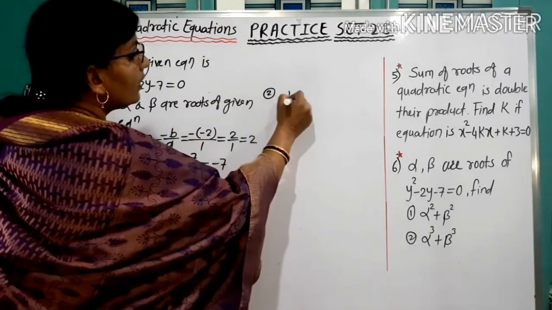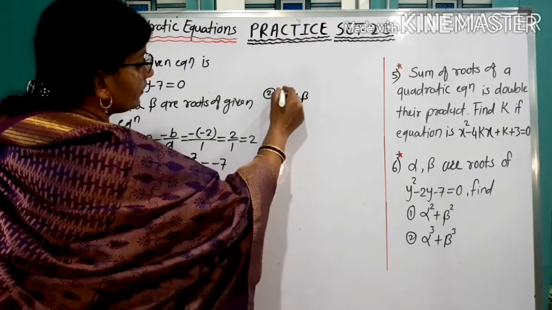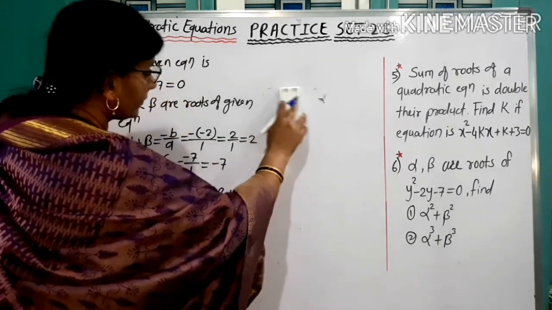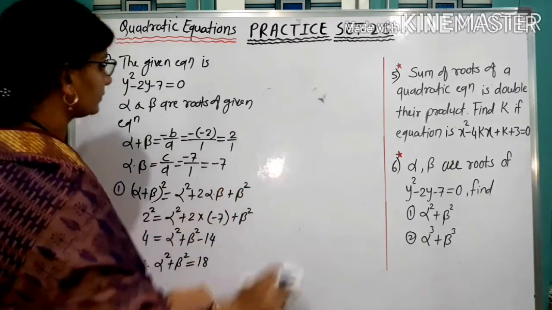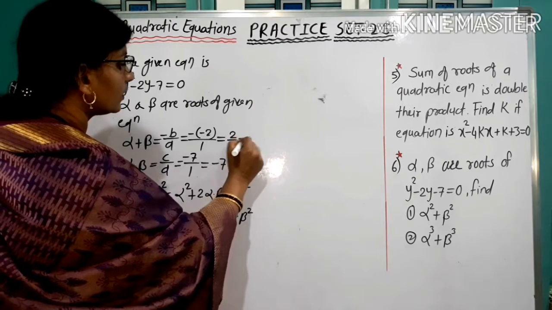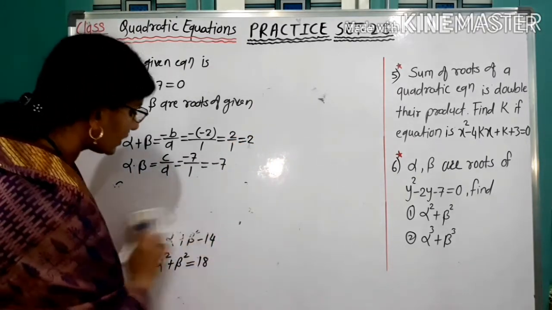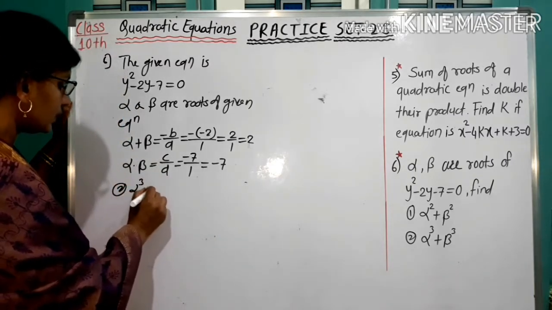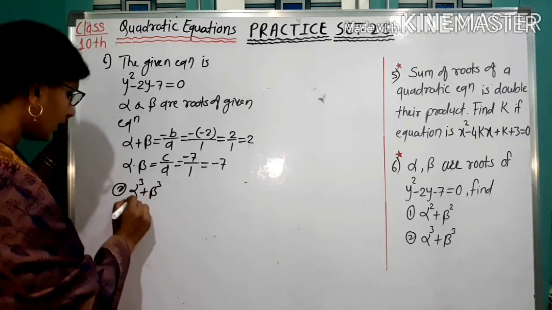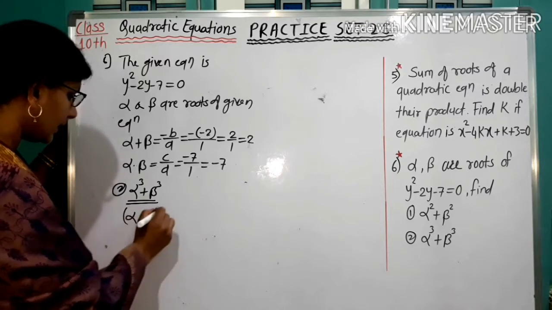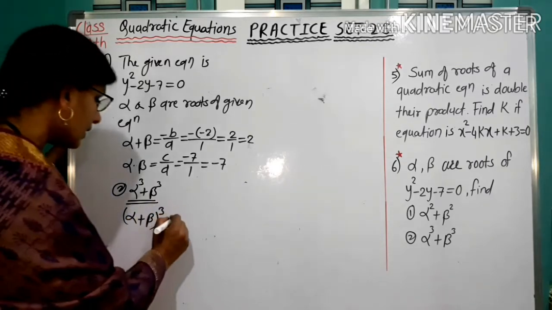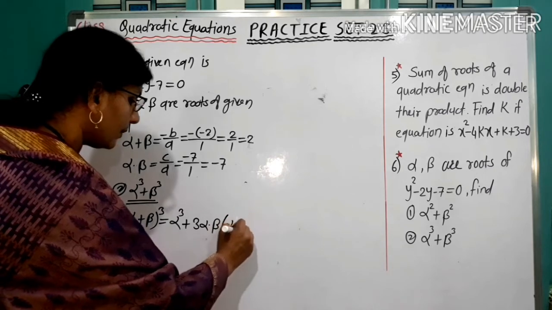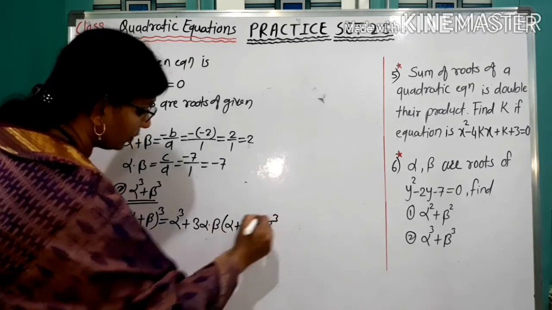We know the identity, I write here, alpha plus beta bracket cube equals expansion of this, alpha cube plus 3 into alpha into beta in bracket alpha plus beta, plus beta cube.